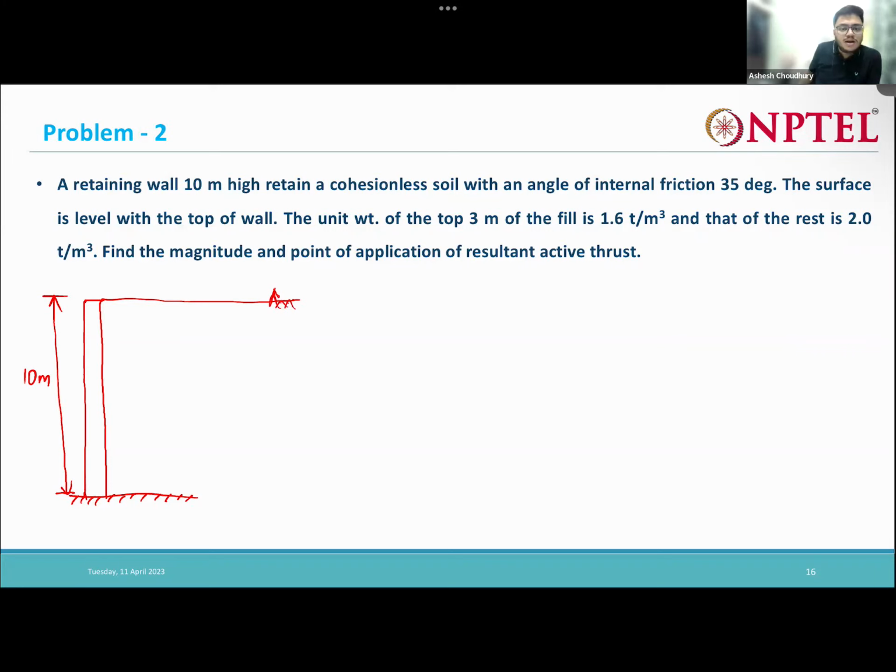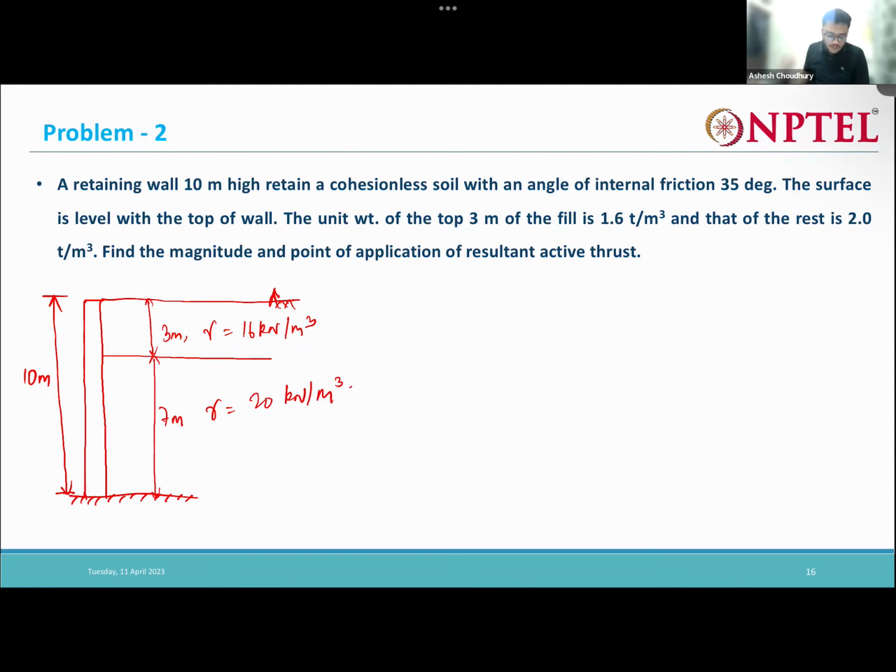The unit weight of the top 3 meters of the fill is gamma 16 kilonewton per meter cube, and for the rest, 7 meters, my gamma is 20 kilonewton per meter cube.